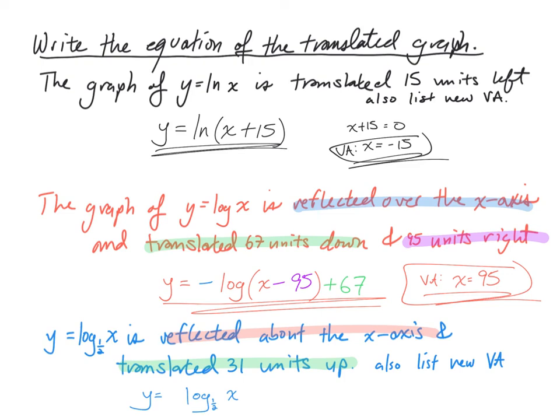Up and down is vertical, which means it's a y movement. So we do not put that in parentheses with an x. Reflected over the x-axis is a negative in front, and the new vertical asymptote here is the same as the old vertical asymptote because we did not move it left or right. The vertical asymptote stays exactly where it was at 0.